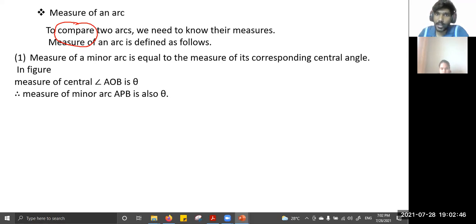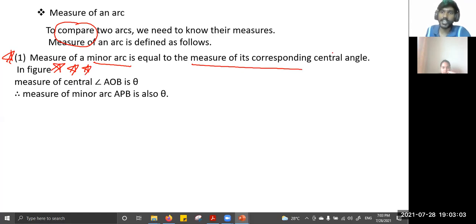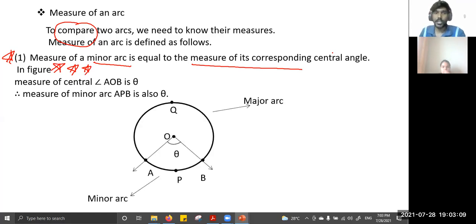First one, and this is a very, very important point: the measure of a minor arc, that is the smaller one, is equal to the measure of its corresponding central angle. Corresponding central angle means the angle which is right in front of it.